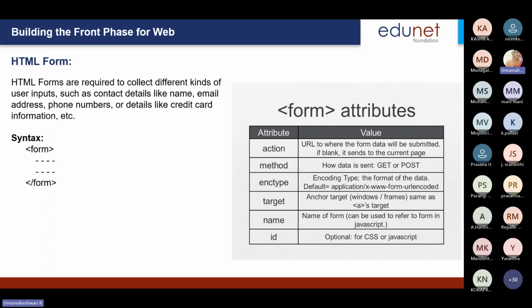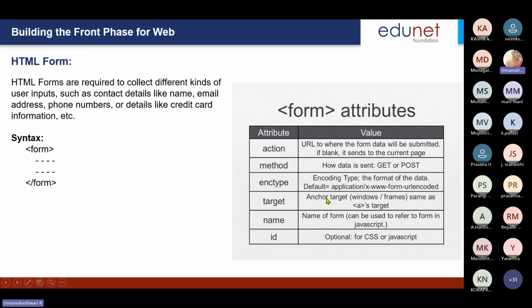Okay, and enctype. What does enctype mean? Encoding type, the format of the data. Default is application/x-www-form-urlencoded. And target, like anchor target, you can mention a window or frame.